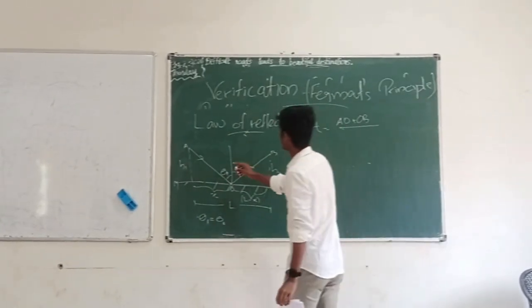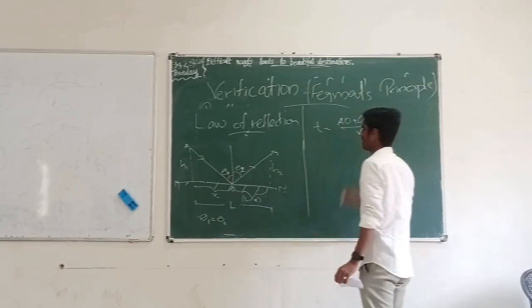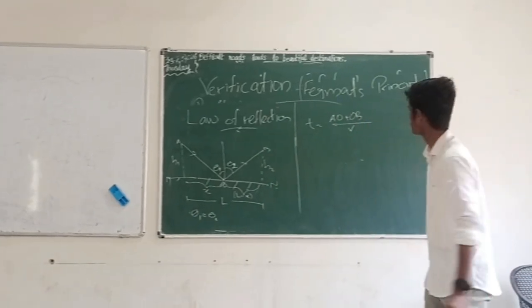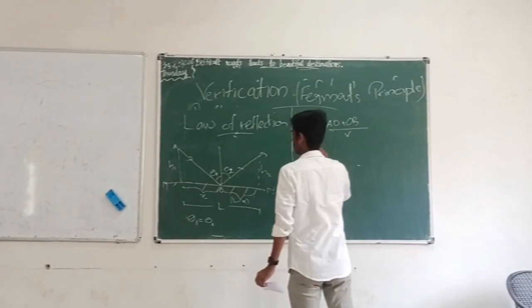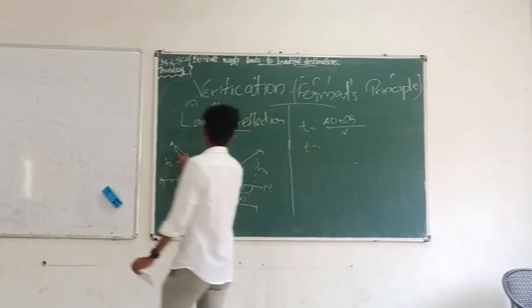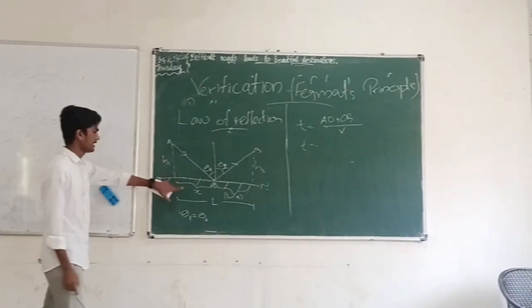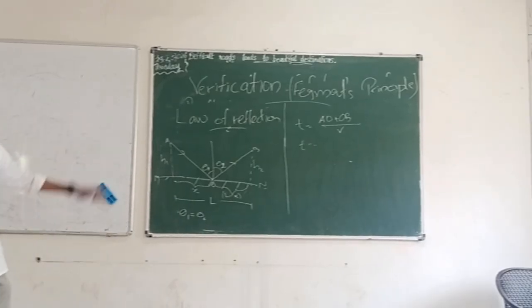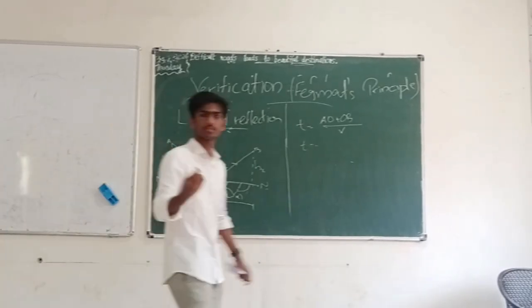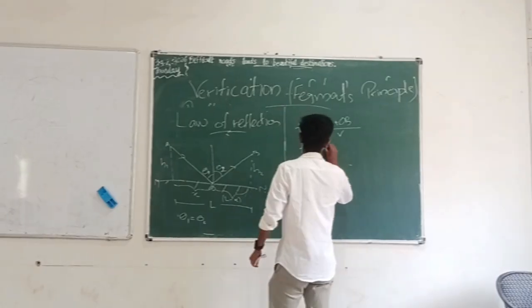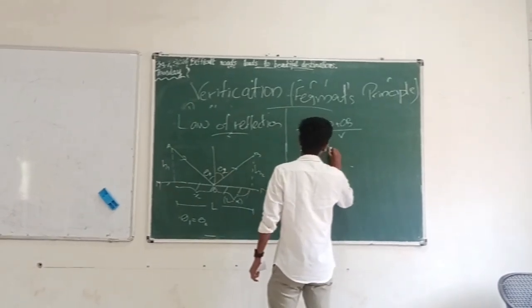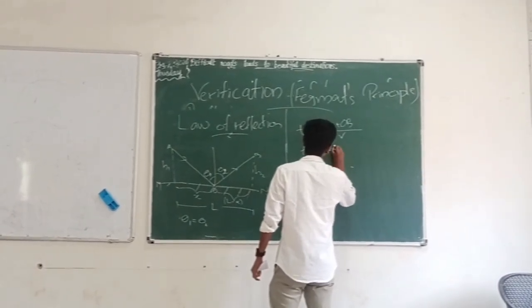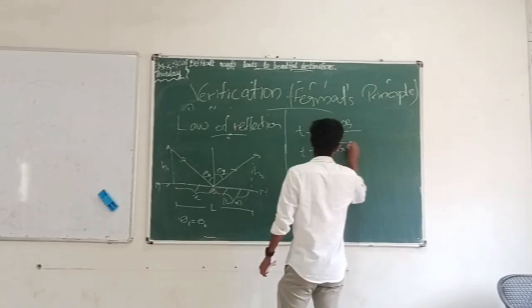Let's say it is traveling with velocity v. What is AO here? This side is h1, this side is x. Here Pythagoras theorem comes. AO is equal to root of h1 square plus x square.